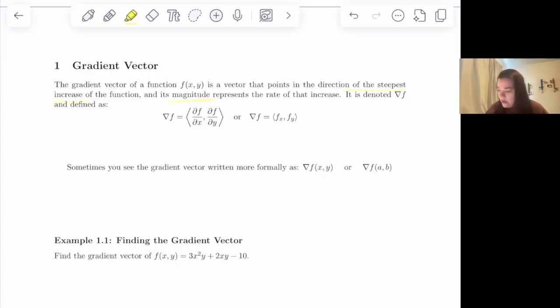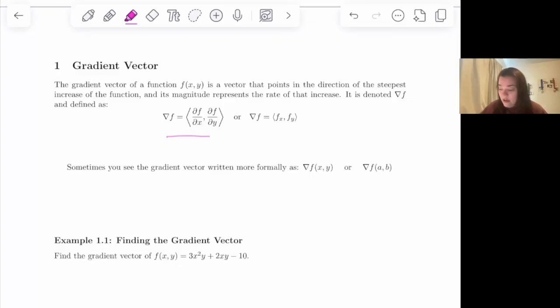Now, some notation: the gradient vector is denoted by this upside down triangle sign. That upside down triangle with an f there means the gradient of f. And then here is a formula on how the gradient is actually found.